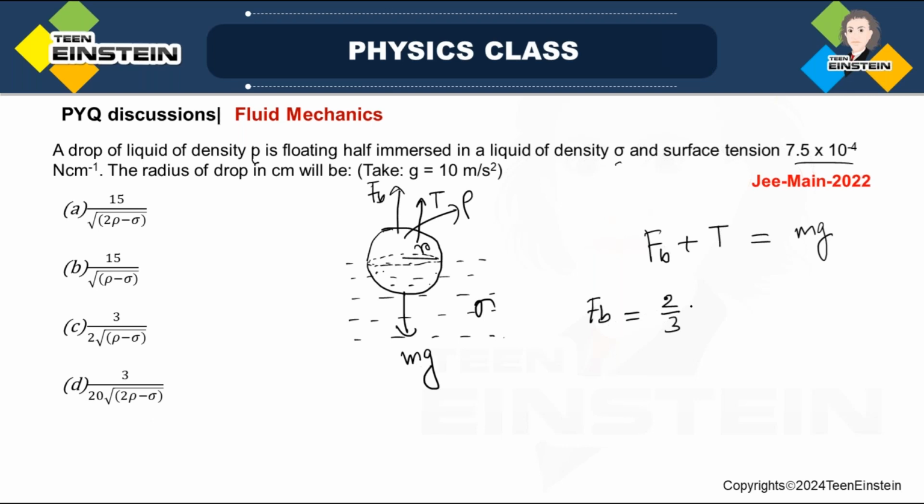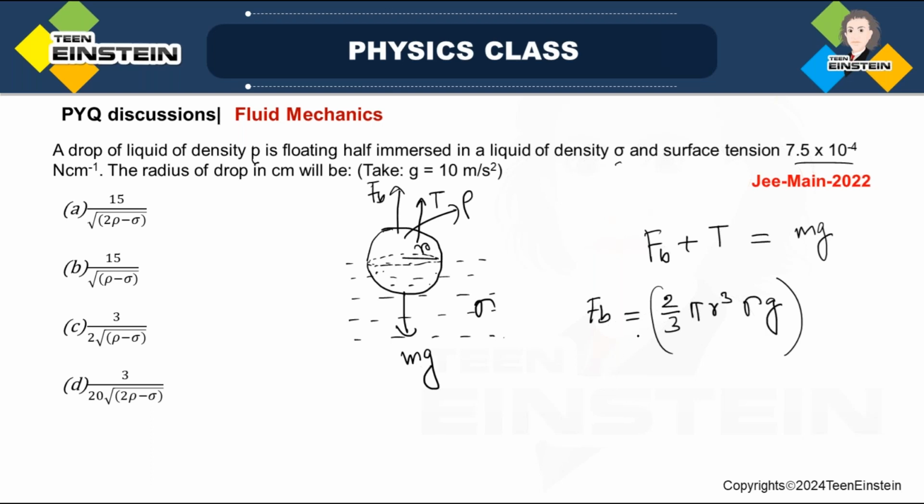So 2 by 3 pi r cube is the volume of this immersed part. This much is the liquid displaced by this liquid drop, into sigma into g. So this is the buoyant force.